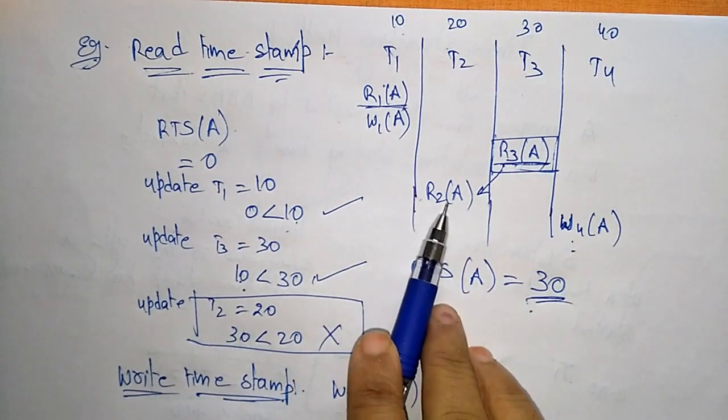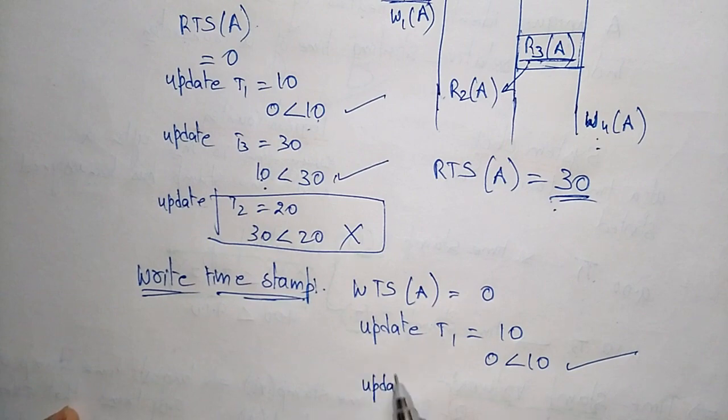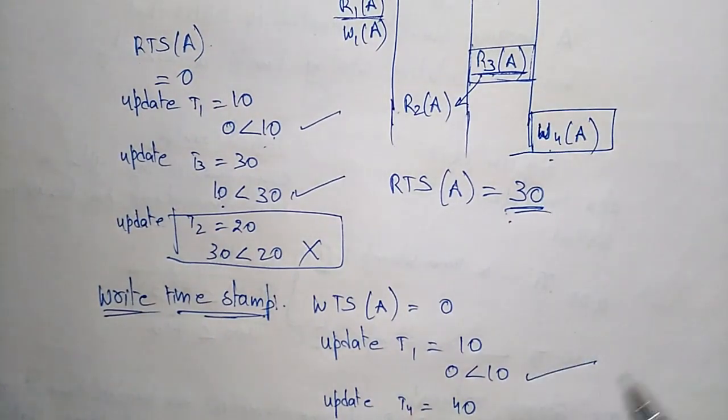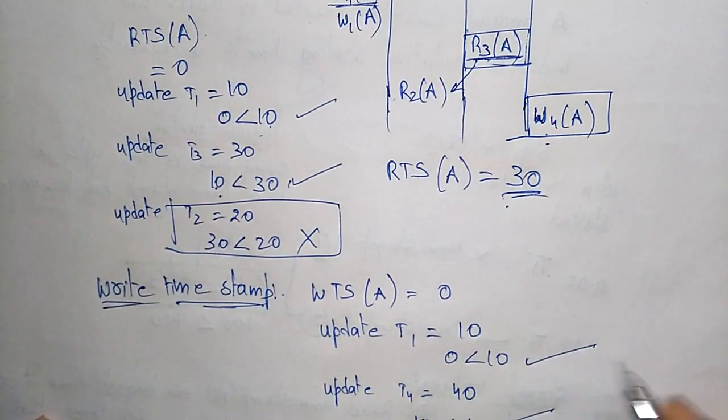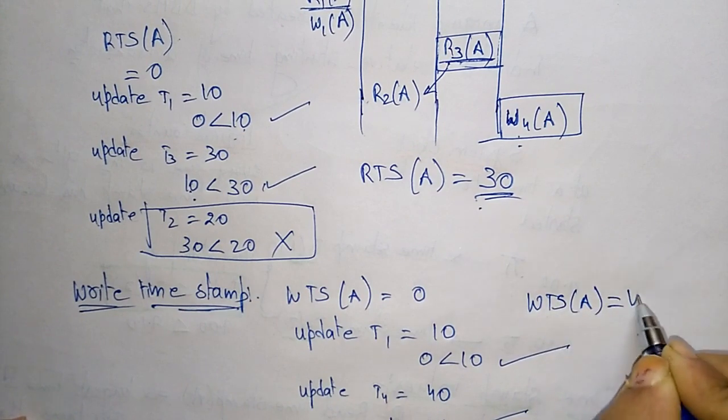Meanwhile, this is all read. So the write is at transaction 40. So update to T4, the transaction timestamp is 40. So 10 is less than 40. Right. So now the write timestamp of A is 40.